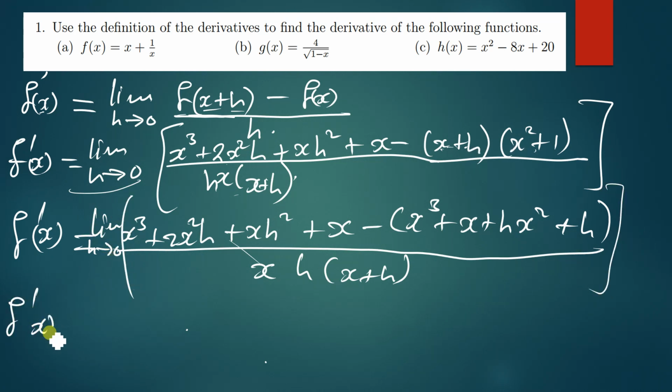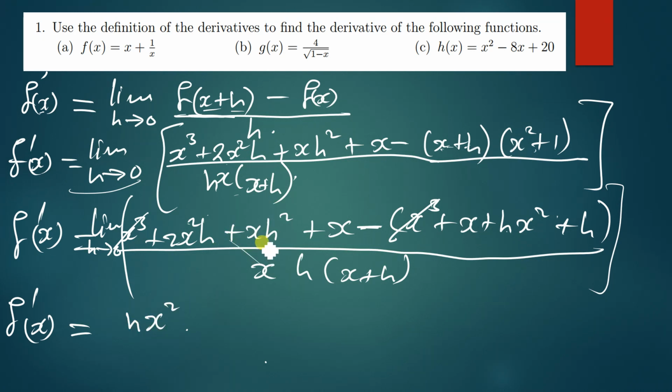So our f prime of x will be equal to, you can see that x cubed minus x cubed will give you a 0. Then we have 2x squared h, minus x squared h. The answer is simply going to be hx squared.